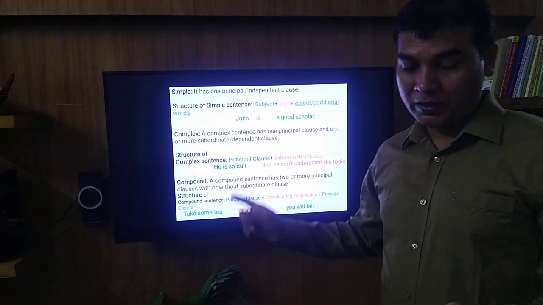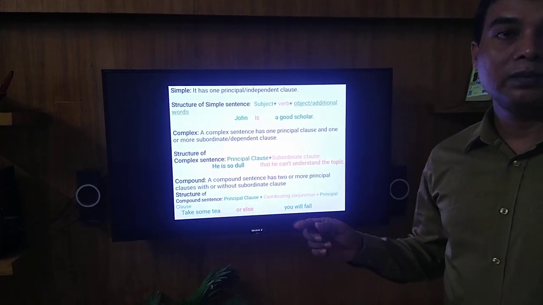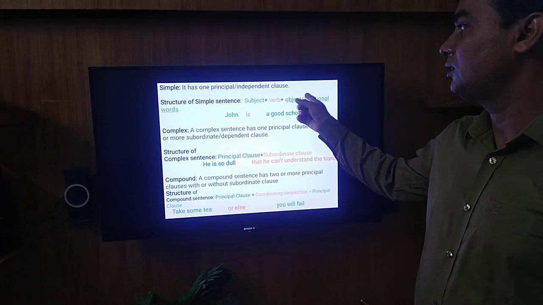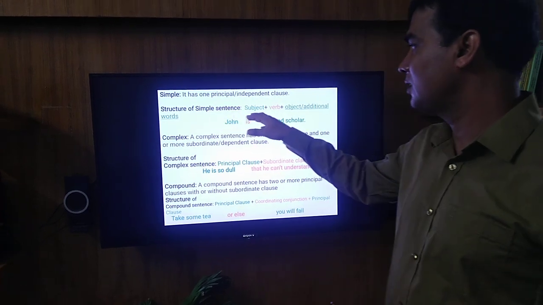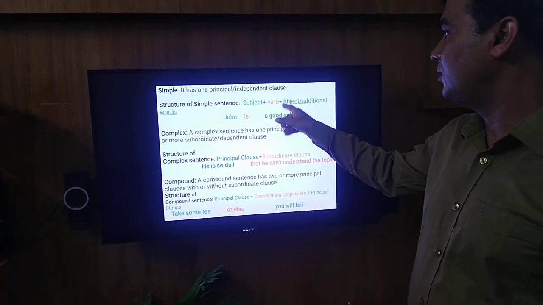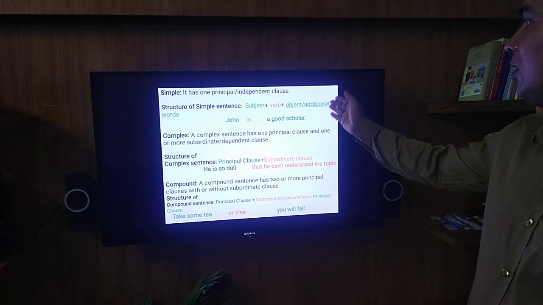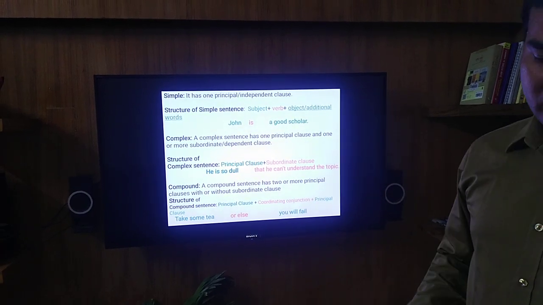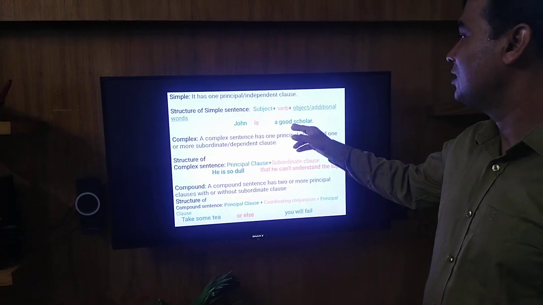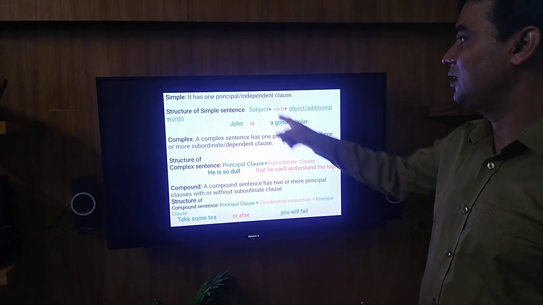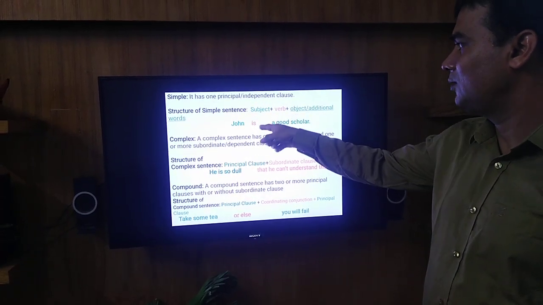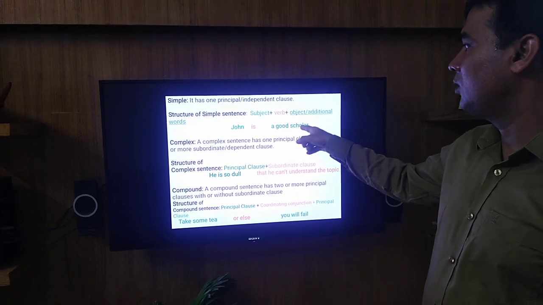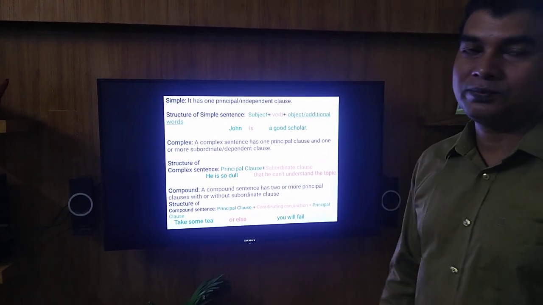It has one principal or independent clause, and the structure of a simple sentence is subject, verb plus object or additional words. For example, John is a good scholar. Here subject John, verb is, object or additional word good scholar.